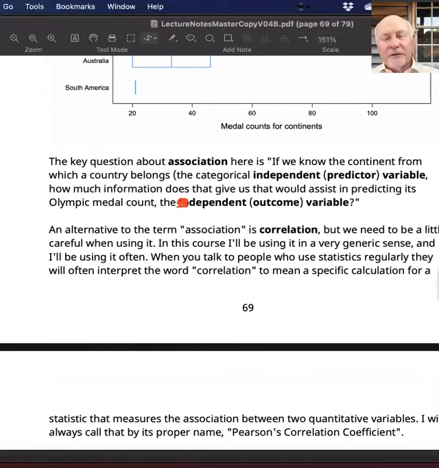But what I'm going to do in this course is use the term correlation very generally in situations where we have some evidence or data which improves our ability to predict something or is evidence of a causal relationship. That's a very general way of using it. If I'm going to be talking about the Pearson correlation coefficient, then I will say Pearson correlation coefficient. Okay.